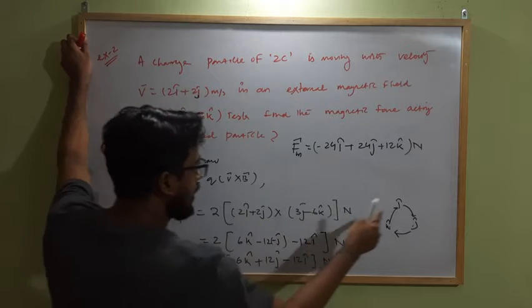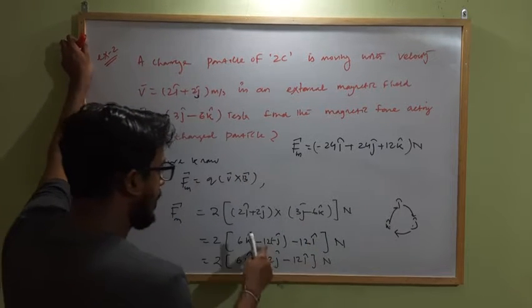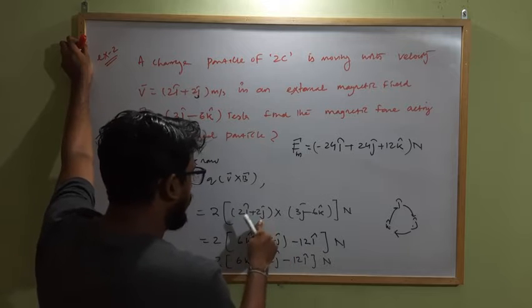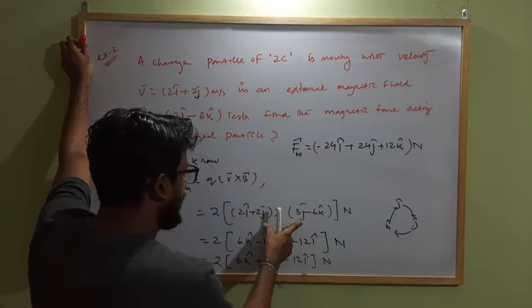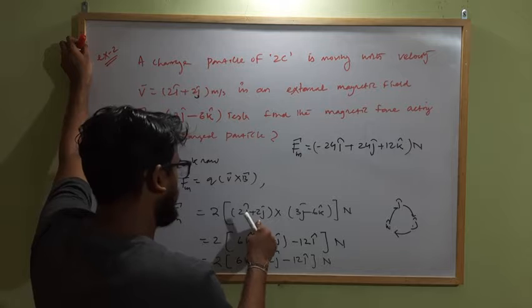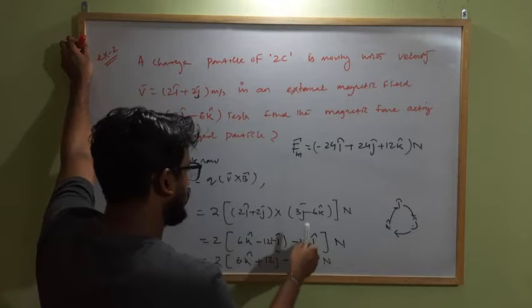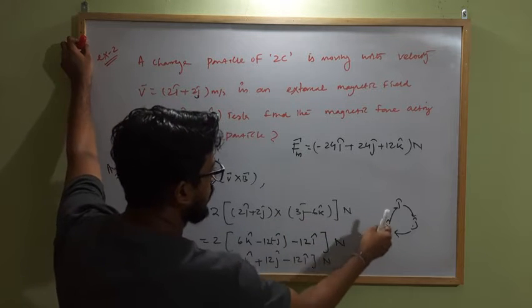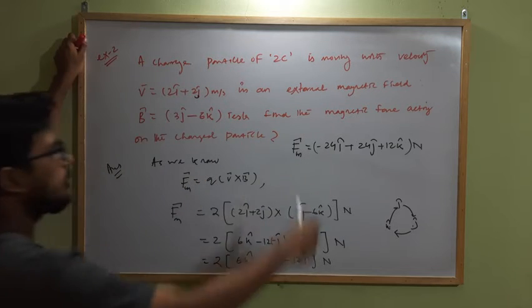Then i cross k will be minus j, again 2 into 3j will be 0, then 2 cross minus 6 will be minus 12, and j cross k will be i cap. So this will be the net resultant.